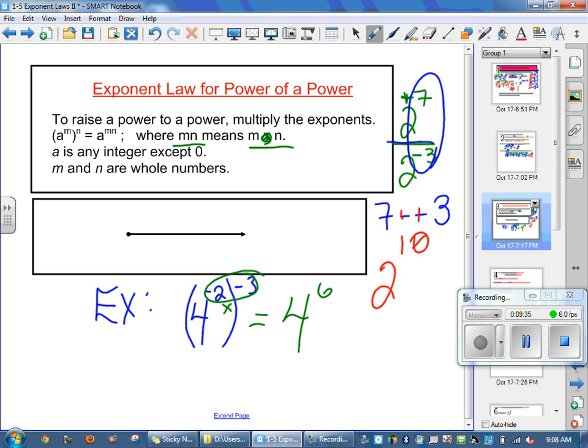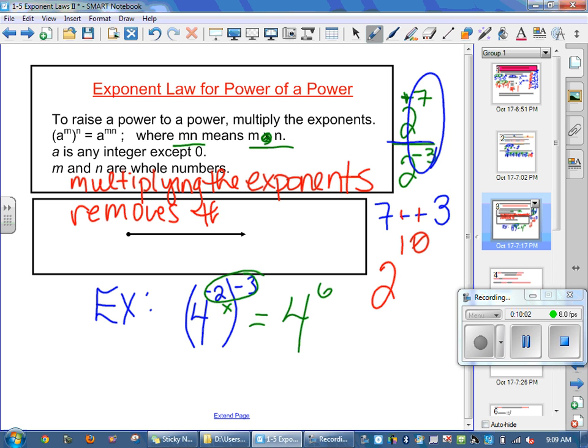Okay. Well, let's move on to the next question. So, first of all, when you do the multiplying of your exponents, it removes brackets. So multiplying the exponents removes the brackets.